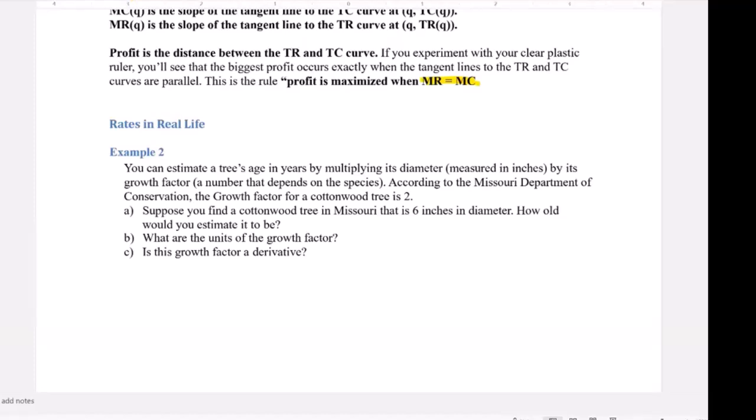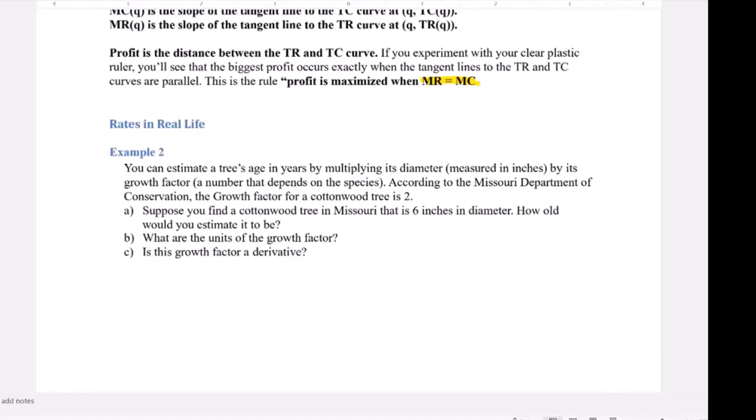And let's look at our last example. So I can estimate a tree's age in years by multiplying its diameter in inches by its growth factor, and it depends on what species I have. According to the Missouri Department of Conservation, the growth factor for cottonwood tree is 2.